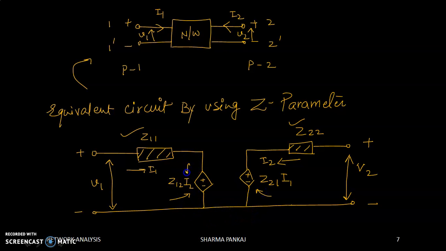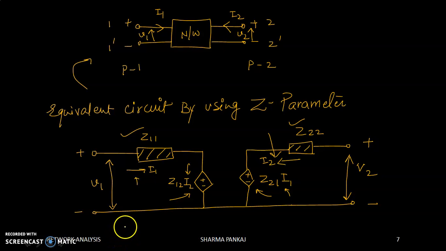The current I2 is flowing in port number 2 here, and in this current dependent voltage source the current I1 is flowing here. So this is your complete description and explanation of Z parameter. Z parameter is very important.